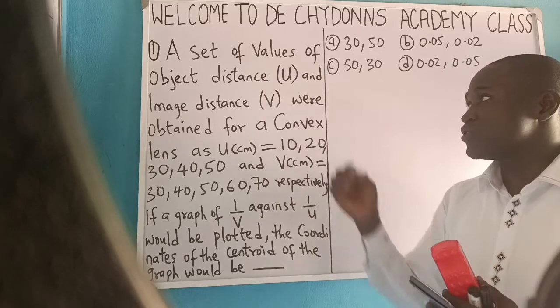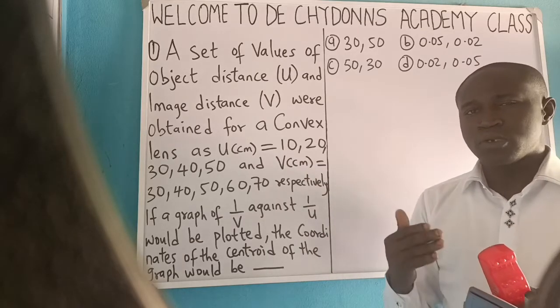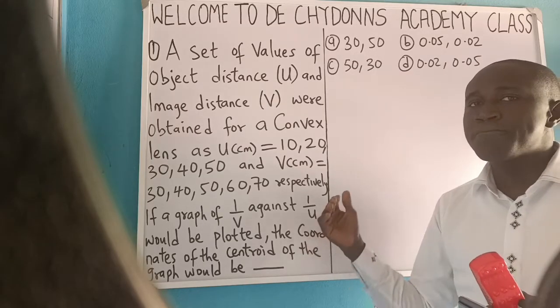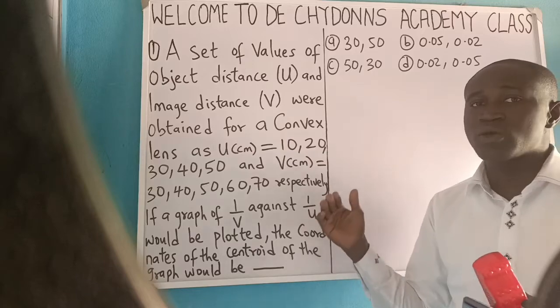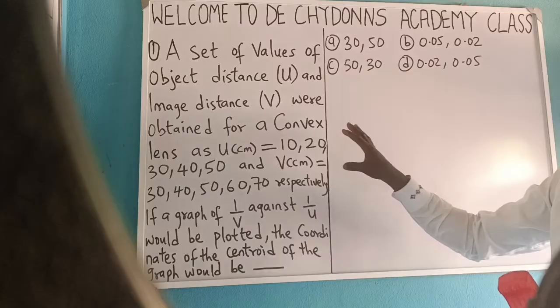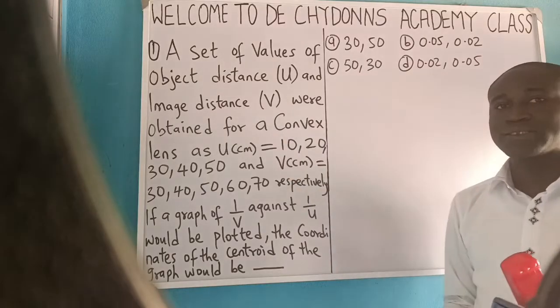Okay, let's go to what we have for today. This video will talk about so many questions, so we'll be taking the questions one after the other. We have one, coming from the convex lens experiment.